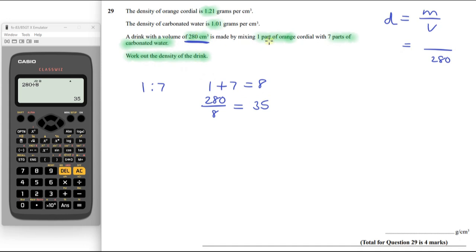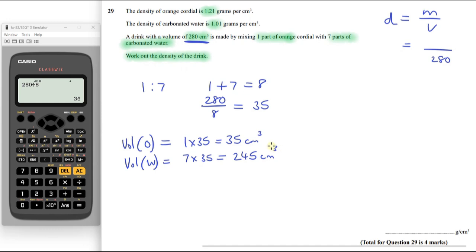So if we think about our orange and our water, the volume of orange is 1 times 35, which is equal to 35 centimetres cubed. And then the volume of water is 7 times 35, and that gives us 245 centimetres cubed. So we know what the volume is of each of these parts.